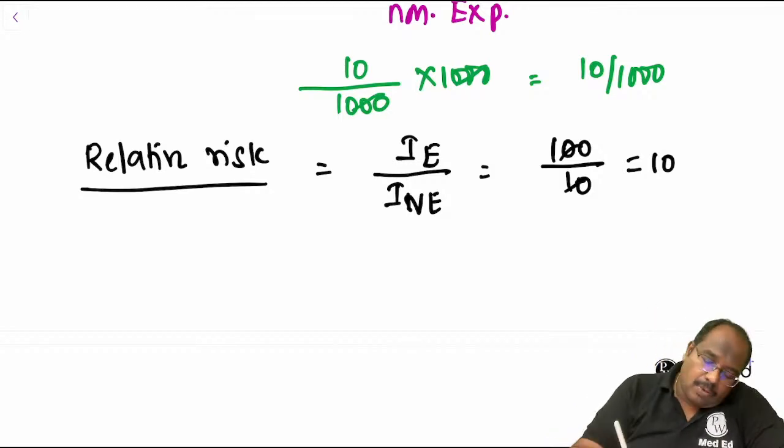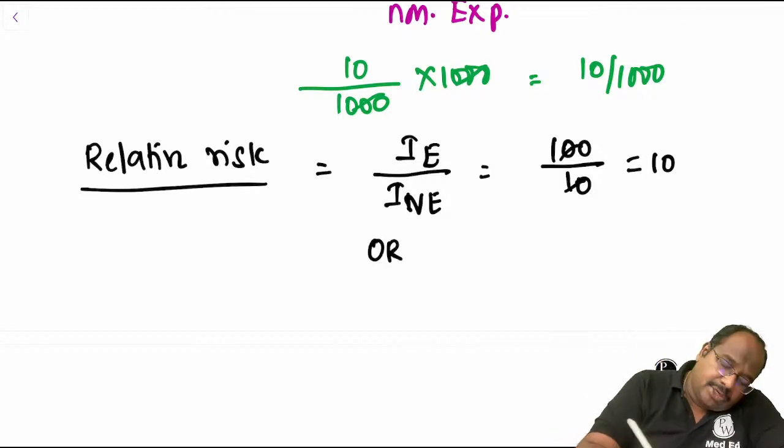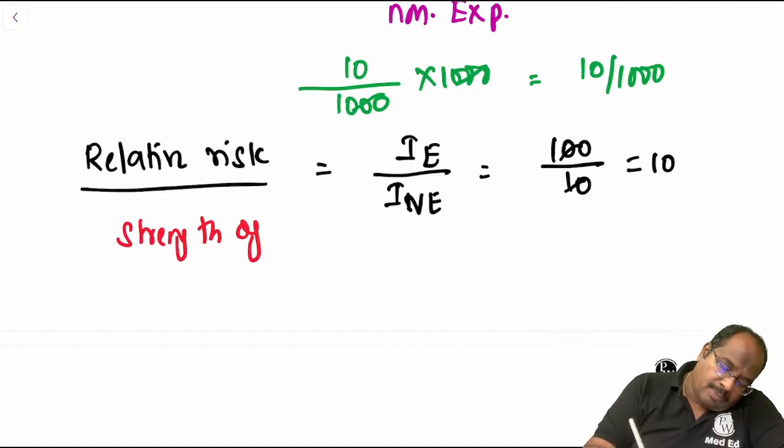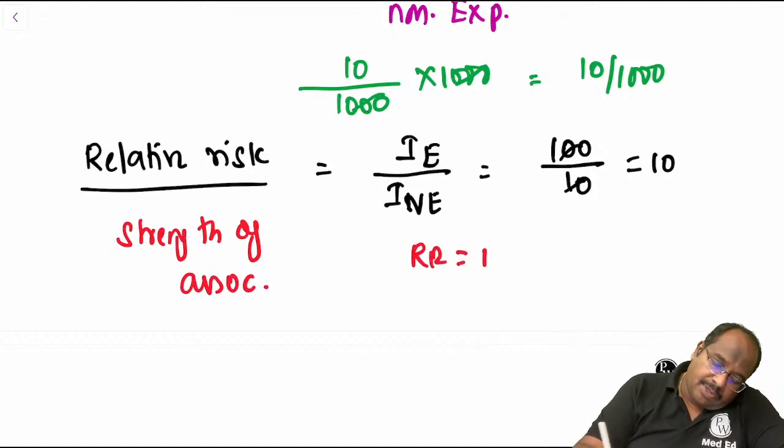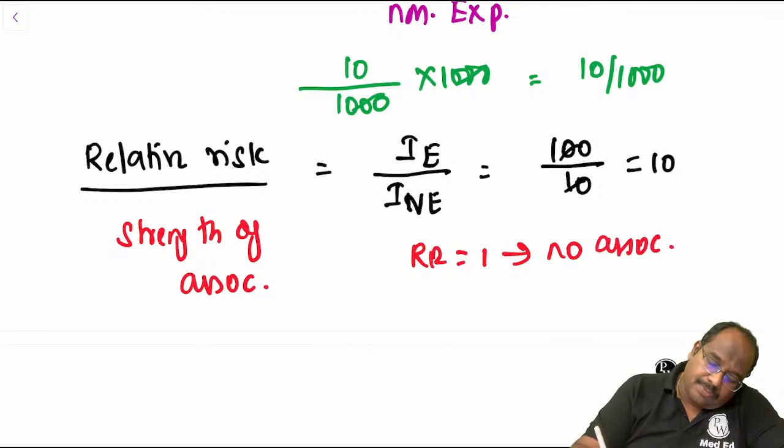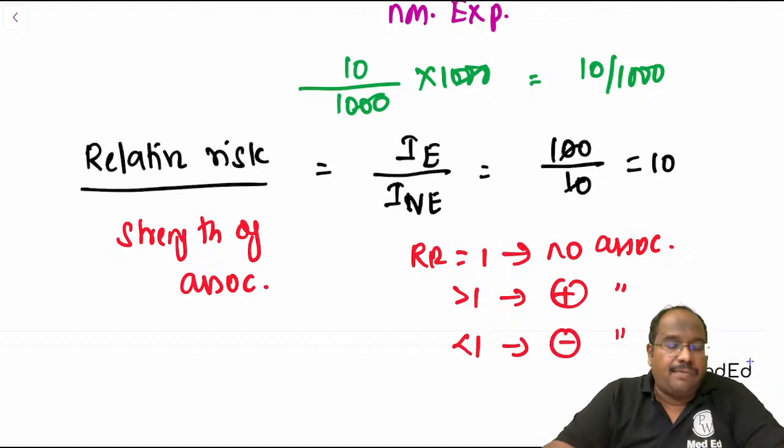So what is the interpretation? Odds ratio and relative risk are the same, guys. Both measure strength of association. Relative risk equal to 1 means no association, more than 1 means positive association, less than 1 means negative association.